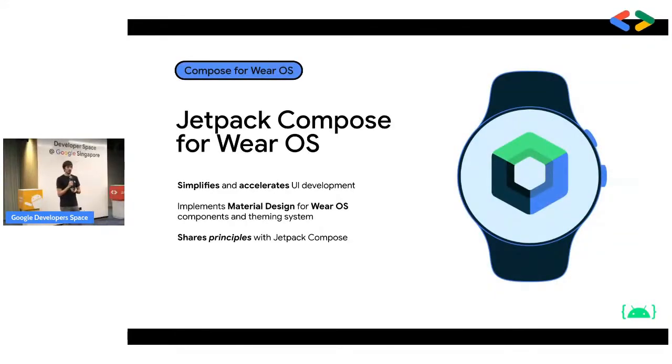We're really betting on Compose, so we are bringing Compose to other platforms. Jetpack Compose is now available for Wear OS, and it simplifies development for Wear apps as well.